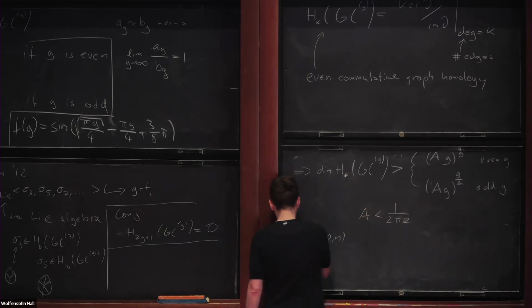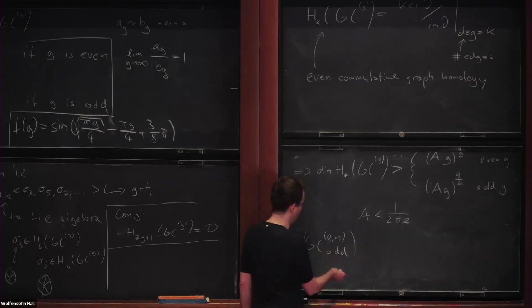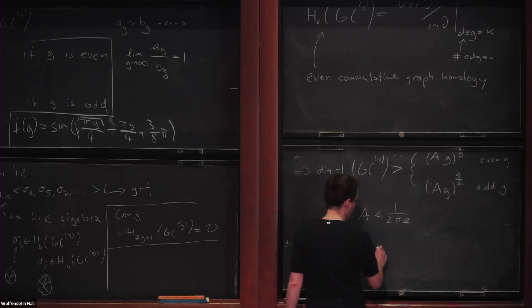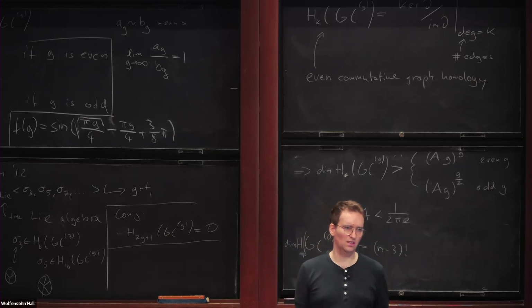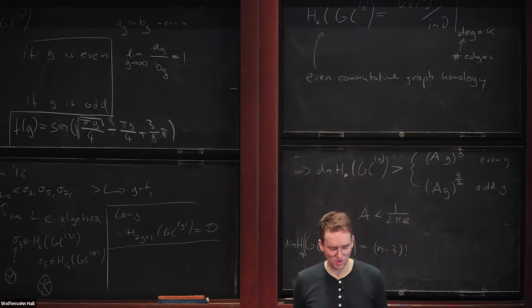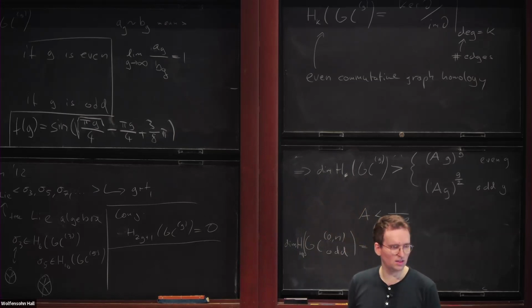But in the odd case, the top dimension is precisely (n minus 3) factorial. And this is very related to the (n minus 3) factorial that everyone who does these BCJ and KLT recursions and so on very much likes.